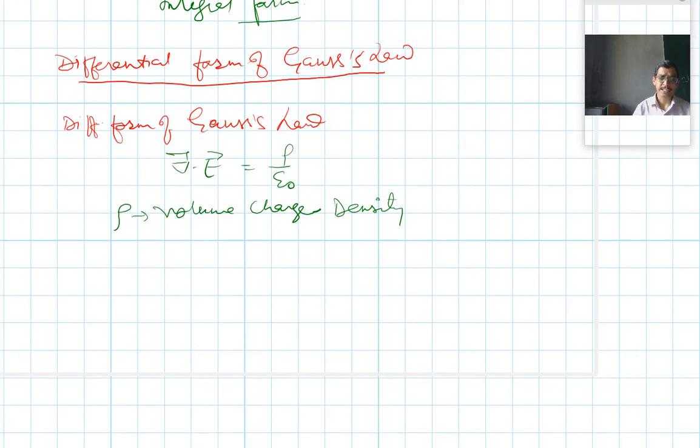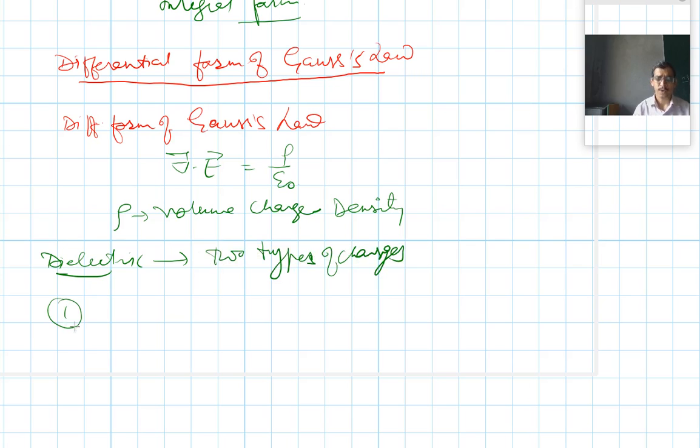Now, if we consider the case of dielectric, then it has two types of charge densities.